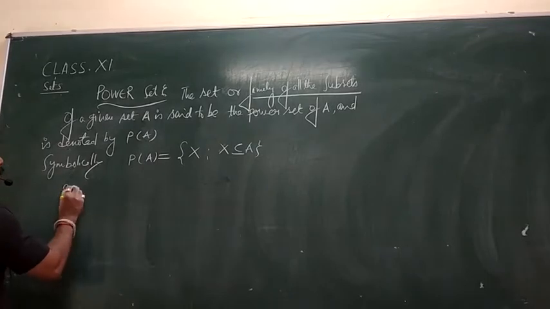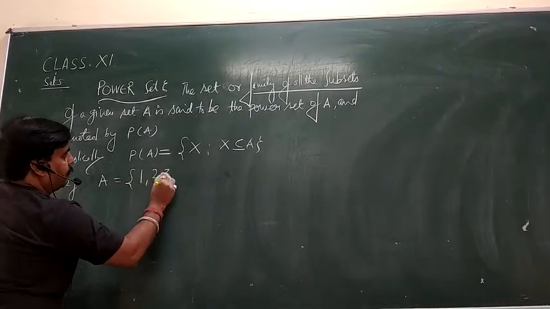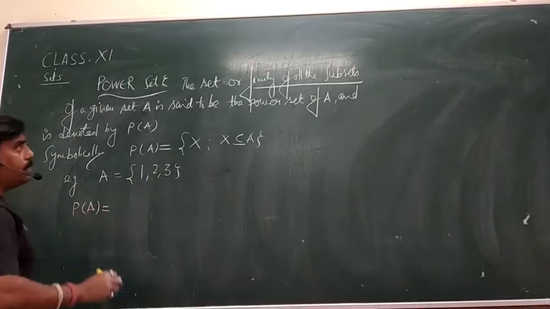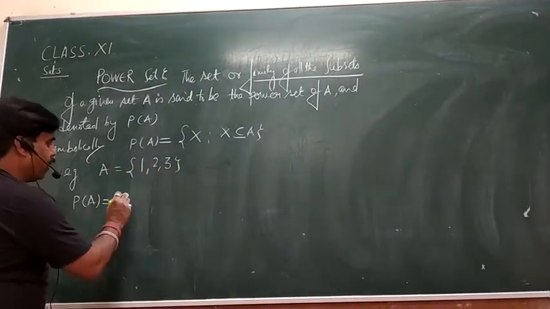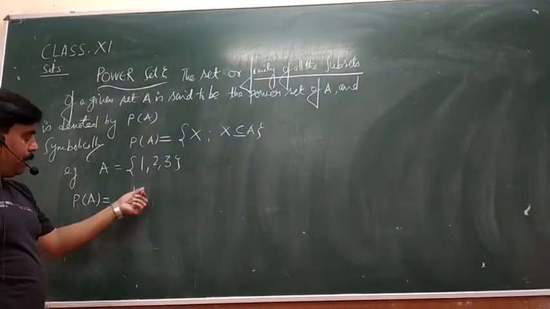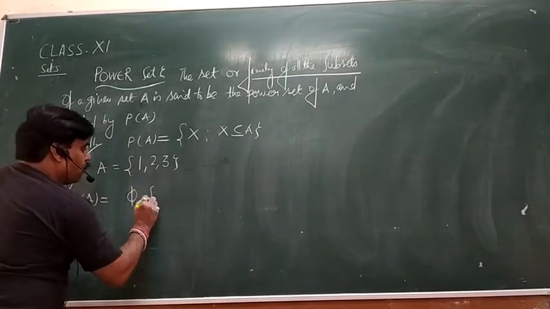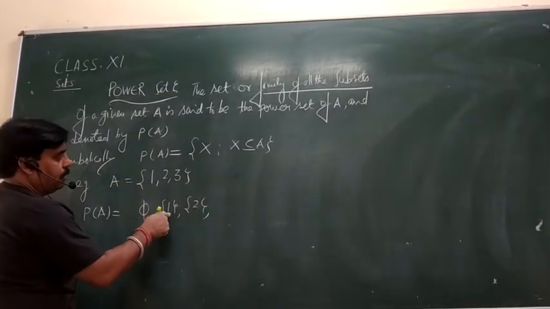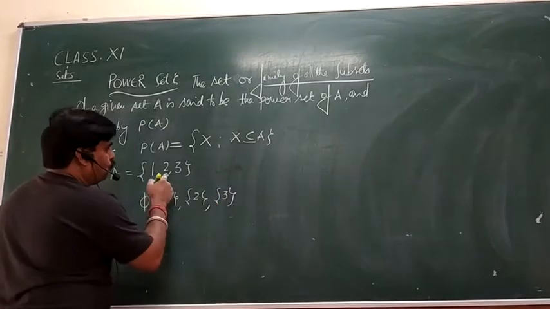So for example, suppose there is a set A, the elements of set A are 1, 2, 3. We want to write the power set of A. Power set means the family of all the subsets. So first, phi will be included here, because the empty set is a subset of every set, as already discussed. Then {1}, {2}, {3}, taking one element at a time.